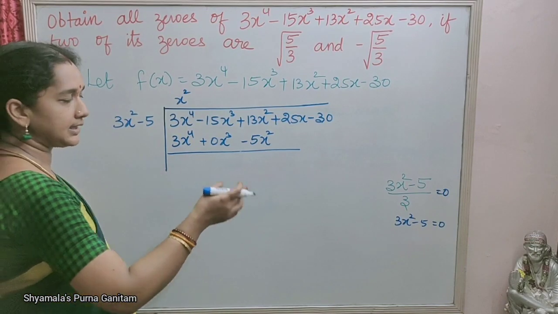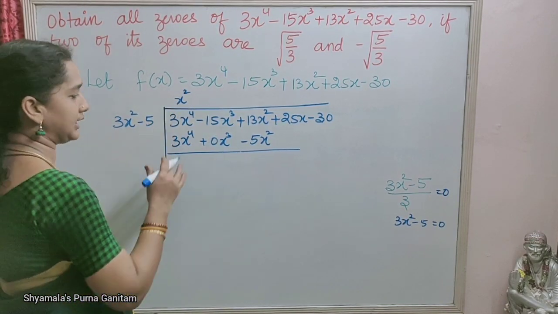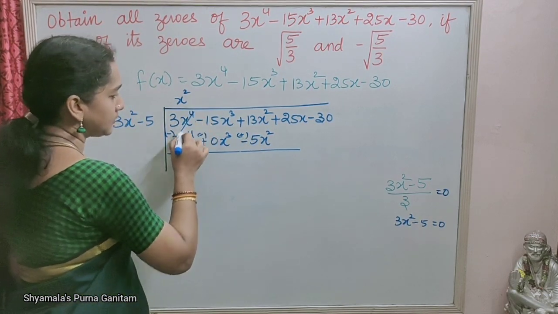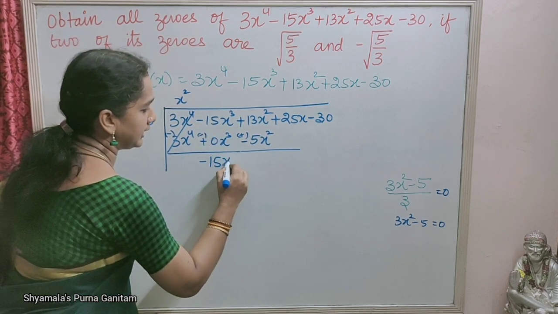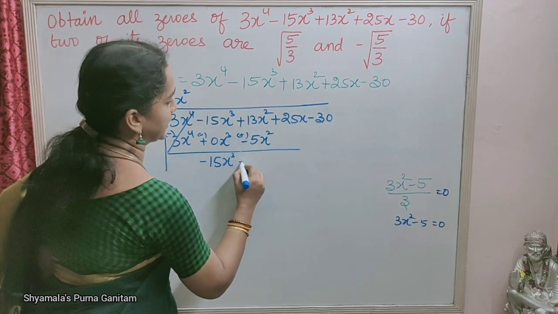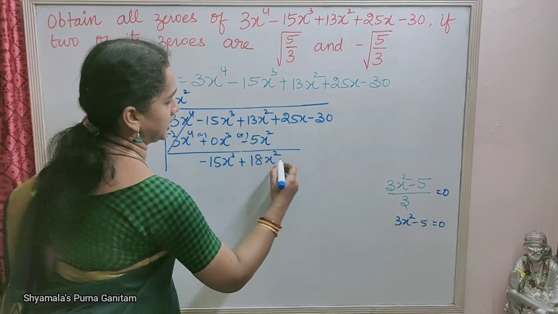Now when you subtract, there won't be any change. Whatever you have in the first one, you write it as it is, minus 15x cube. Then this one when you simplify, you will get 18x squared. Both are positive.